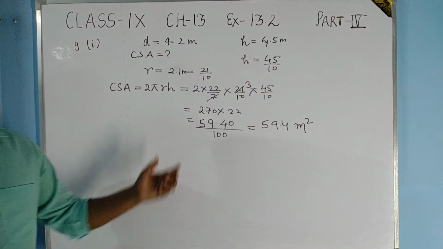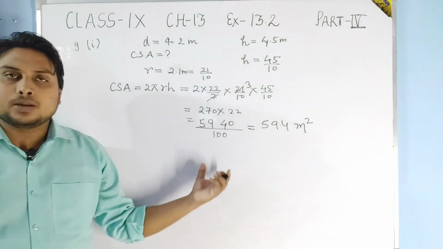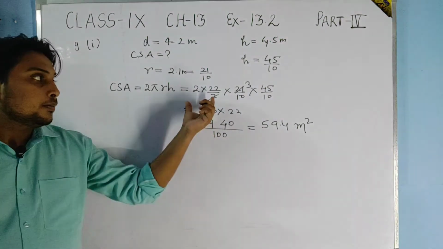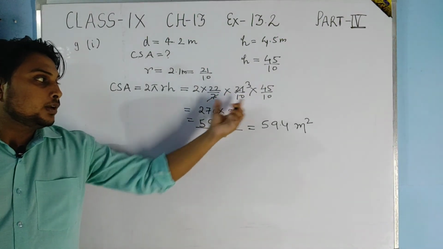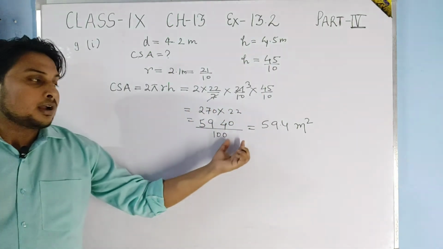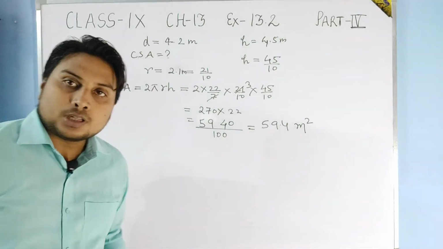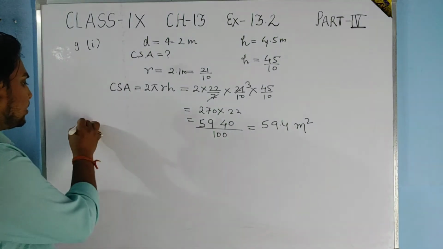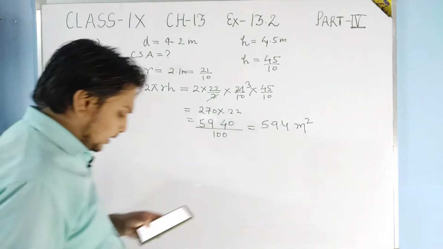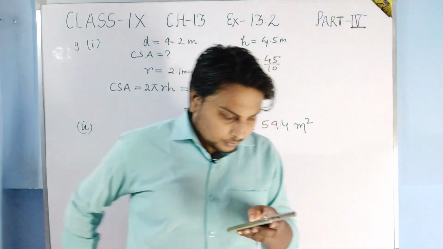Here is the calculation, whatever method you apply should be correct. After calculating, we get the result of the first part, that is 59.4 meter square.